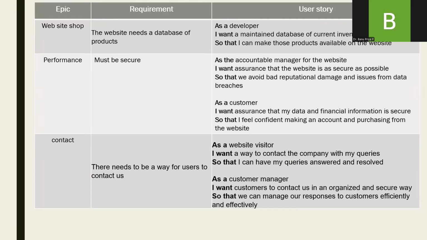So let's take another one, in terms of customer. As a customer, I want assurance that my data and financial information is secure so that I feel confident making an account and purchasing from the website.